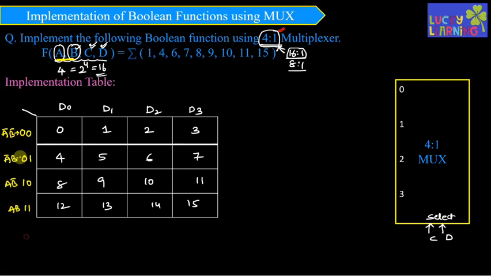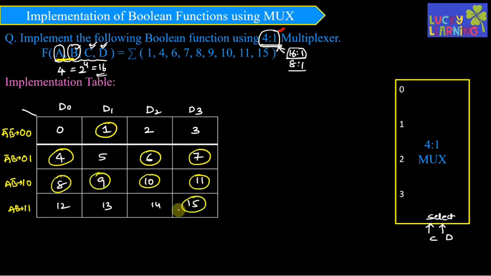These are the possible values for each row, right? Now first circle the minterms that are part of this function: 1, 4, 6, 7, 8, 9, 10, 11 and 15.